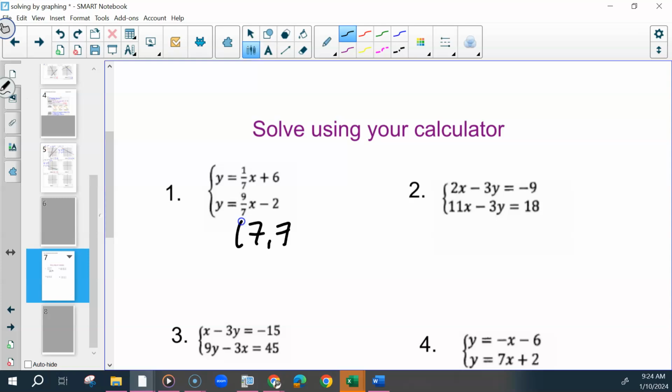Questions on how we check ourselves in a calculator? I'm going to put number 2 in Desmos, so that you can use this while you're at home practicing.